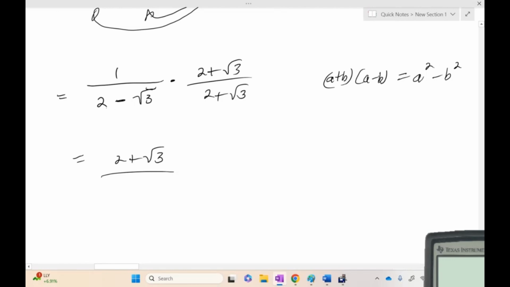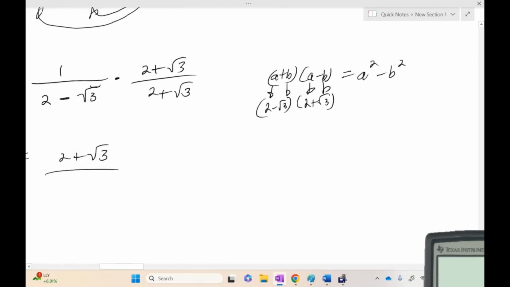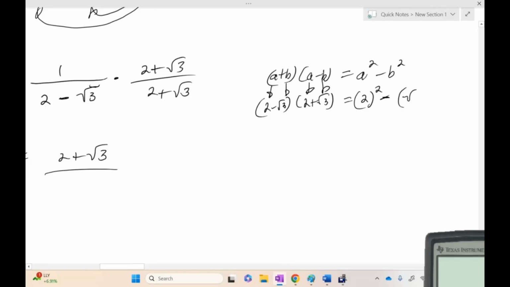So I could substitute 2 for a. Right? So in each one of these things, 2 is a and b is square root of 3. So I can substitute a for 2, and we got to square that. Minus, I'm going to substitute b for the square root of 3, and we're going to square that.